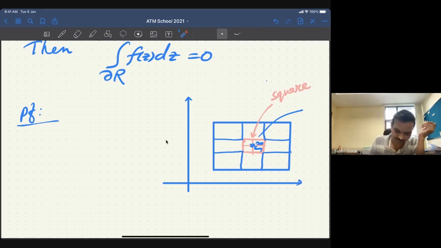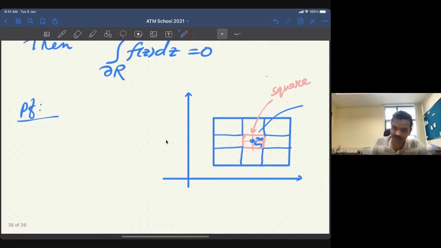All right. In the other regions, function f is holomorphic in a neighborhood of these things. So by the previous theorem, for all these rectangles the integral vanishes. And by the previous argument, in the proof of the previous theorem, the integral can be summed as the boundaries of each of the rectangles.